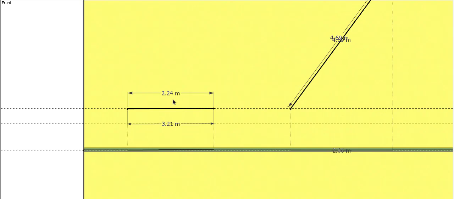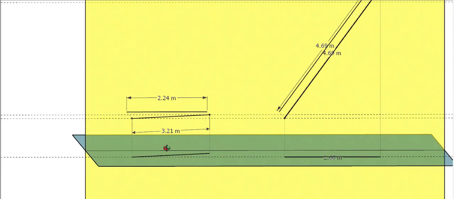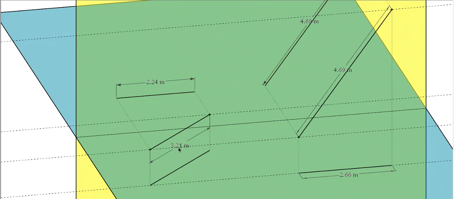What is that reduced length? It is the dimension shown here, that is 2.24. So the actual length of the line was 3.21, but because it is inclined to the vertical plane, the front view projection will be a reduced value. In this case it is 2.24.